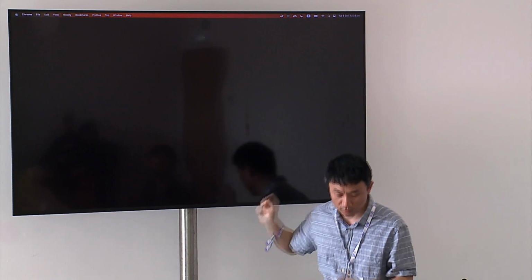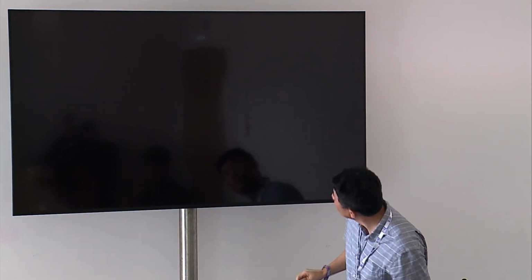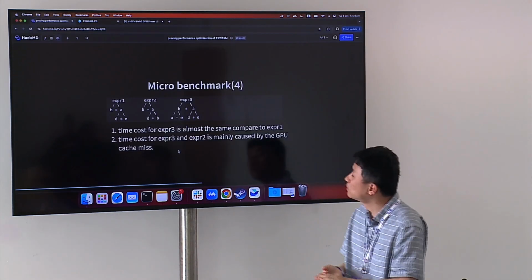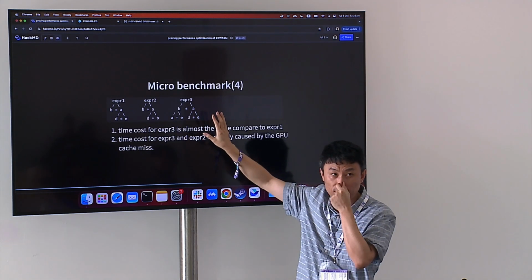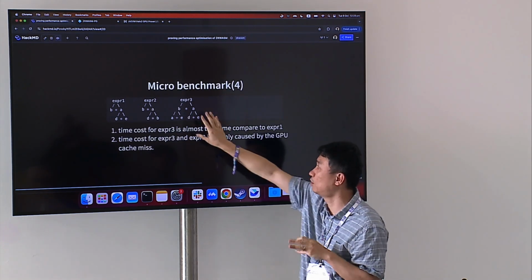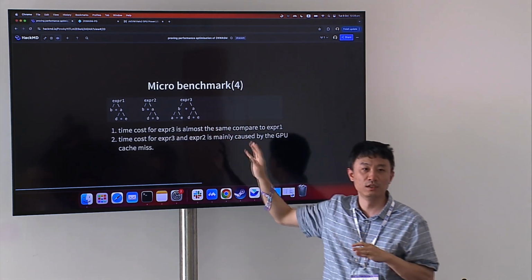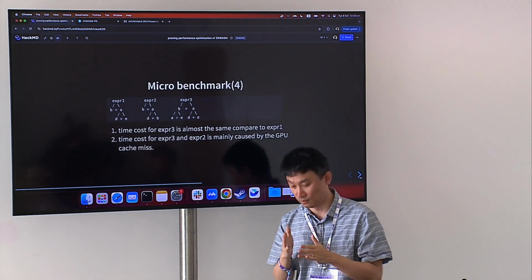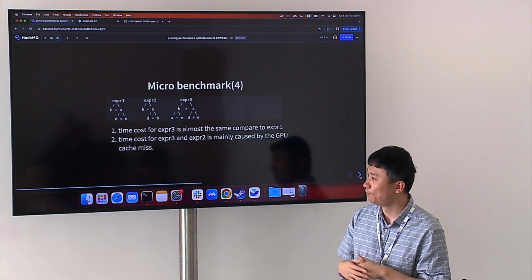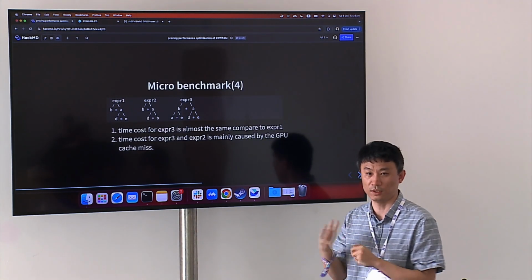And this has a limit, because once you put lots of vectors here and lots of here, at a certain stage the GPU hits its boundary, so the time starts to increase.